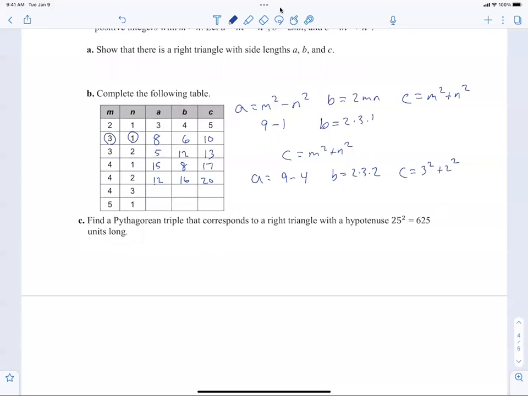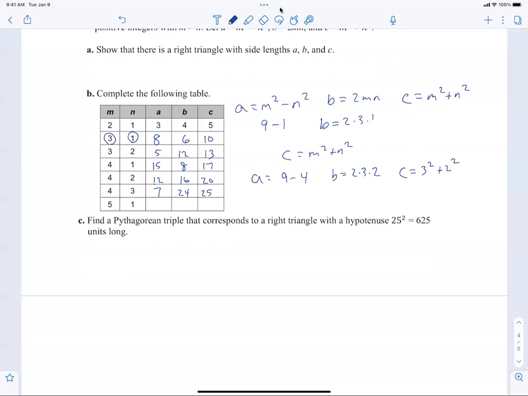And then 4 squared minus 3 squared is 16 minus 9, which is 7. And then 2 times 4 times 3 is 24. And then 25. And there was our other triple. All right. So again, guys, I think that was pretty hard. But if you understand the pattern, that's going to work out.